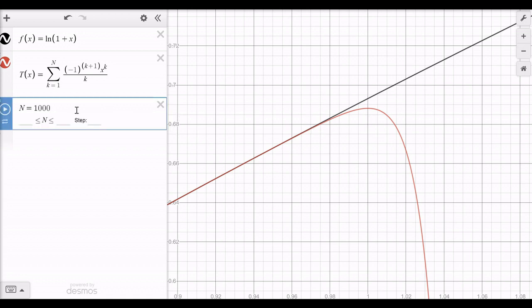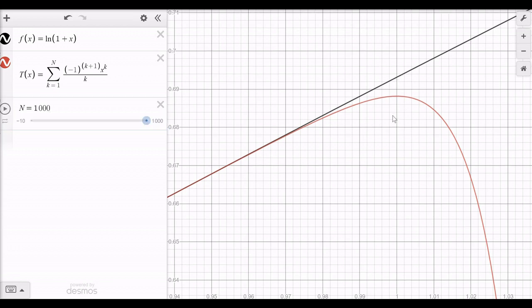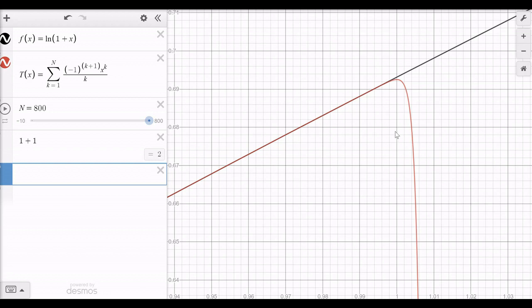So we can go up to 1,000, and the accuracy should be even better. Notice it goes up a little bit more, assuming it's not lagging. It is. So maybe that's too big, or we broke it. There we go. It took a couple moments.